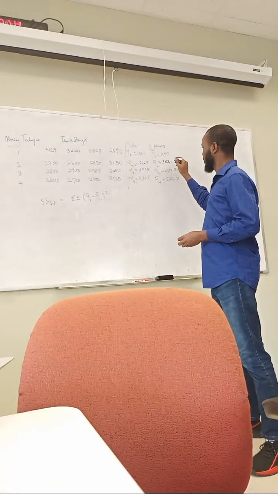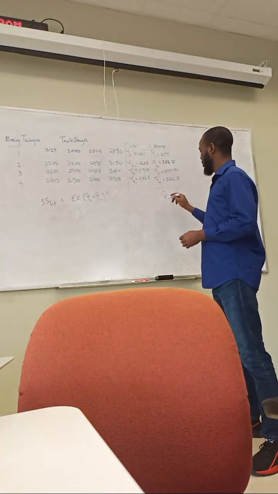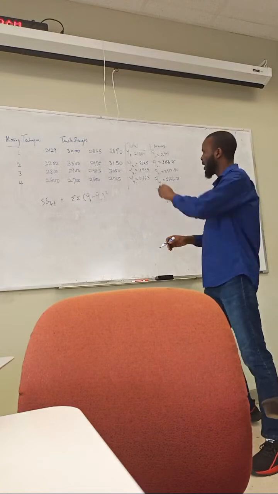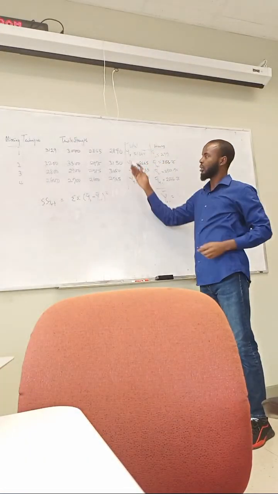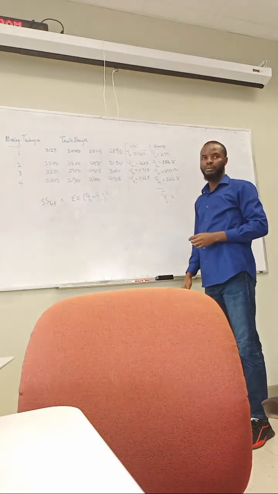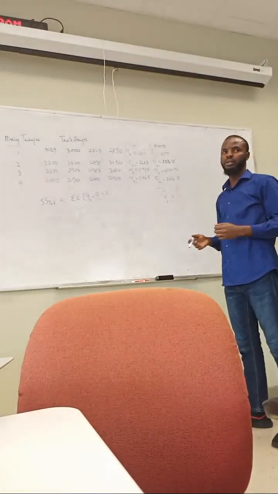Now, to get your y bar dot, you can add these together and divide by your capital N, which is 4 by 4, which is 16. Or you can sum these together and divide by 4; it's still going to be the same.